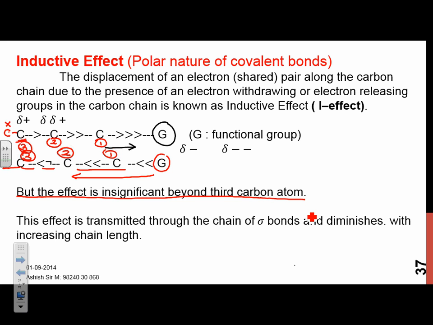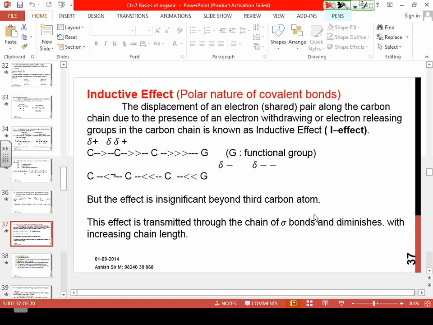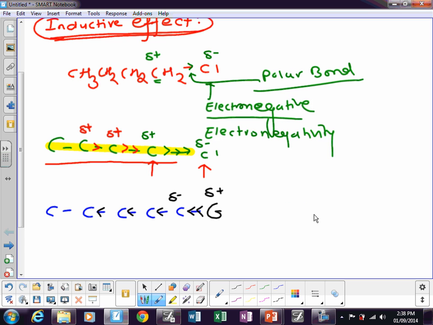This effect will be transmitted through only a chain of sigma bonds. The important thing over here is that this effect is only present in single bonds, and single bonds are always sigma bonds.